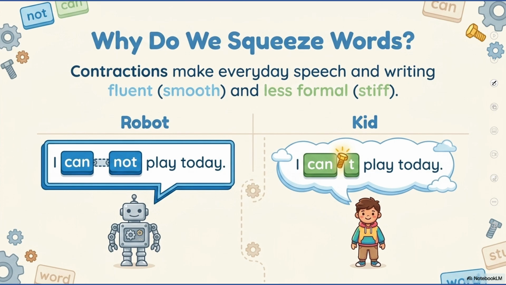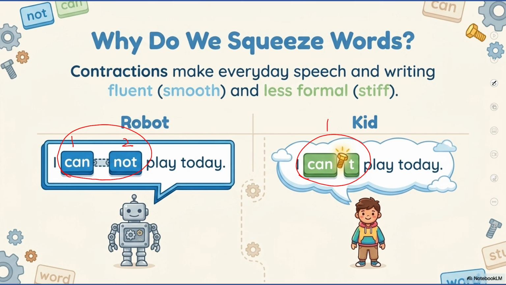Remember, we use contraction only in informal speech or writing. We are not allowed to use contraction in formal writing or speech. Remember that. So in this case, we have two words, can and not. We have contracted them or squeezed them or shortened them into one word that is called can't.